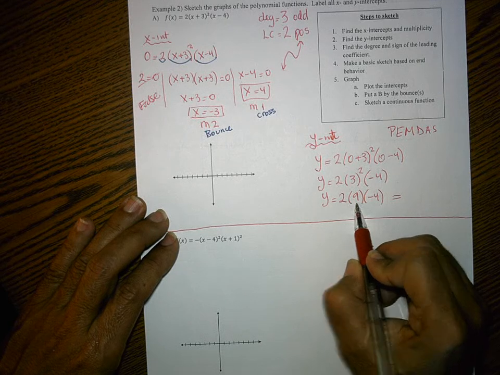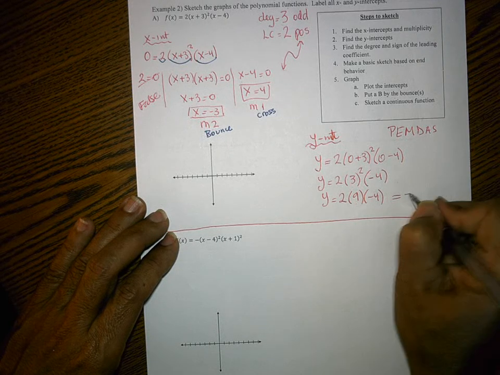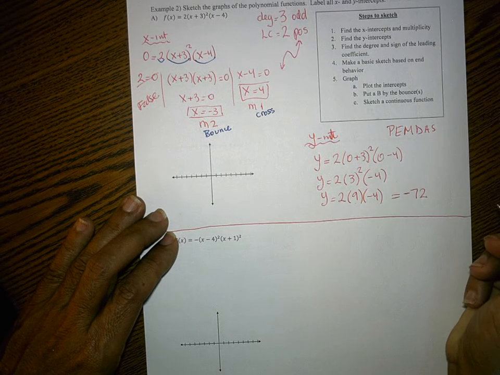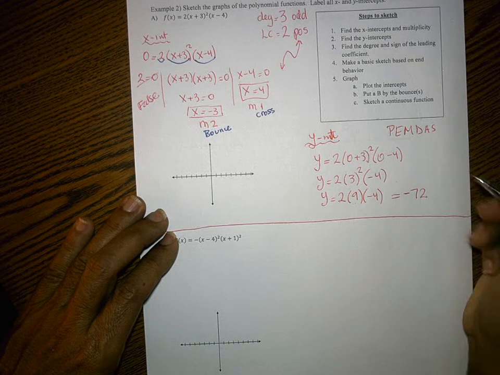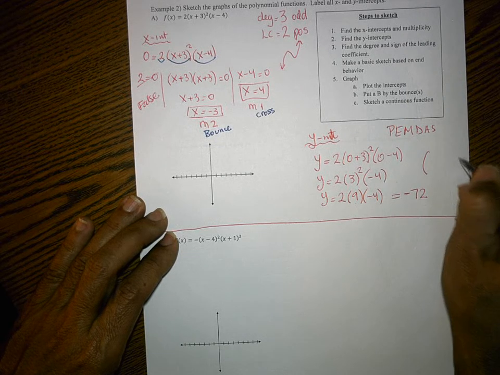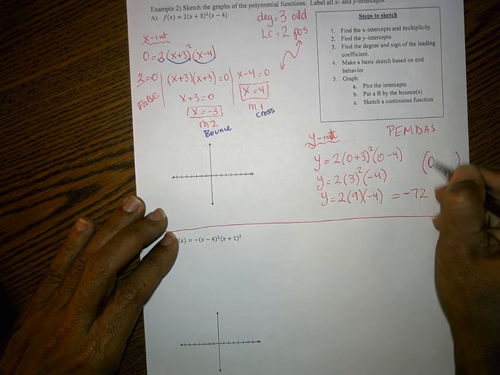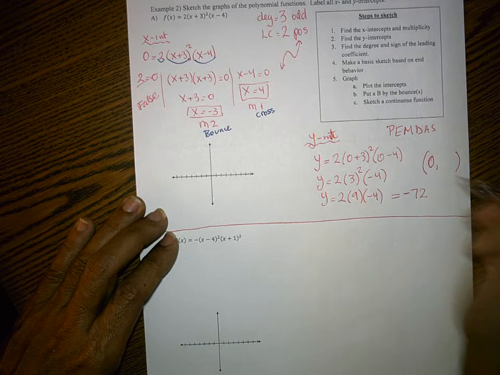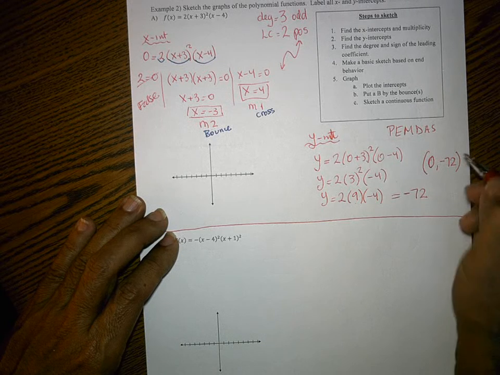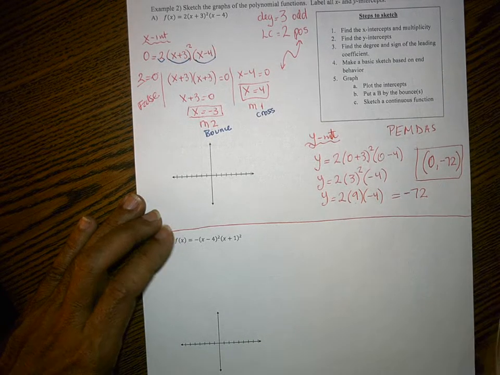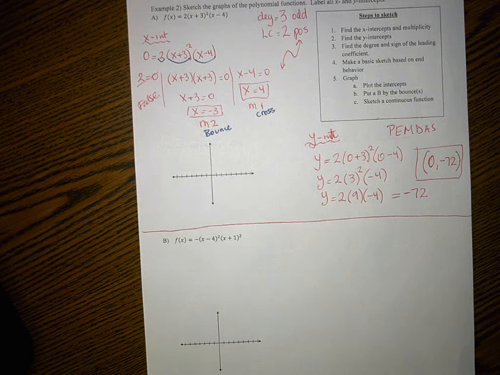Negative 36 times 2 is negative 72. So my y-intercept, in ordered pair, when I plug in 0 for x, we got negative 72 for an answer. That's our y-intercept.